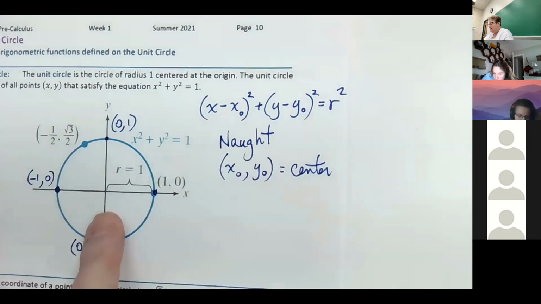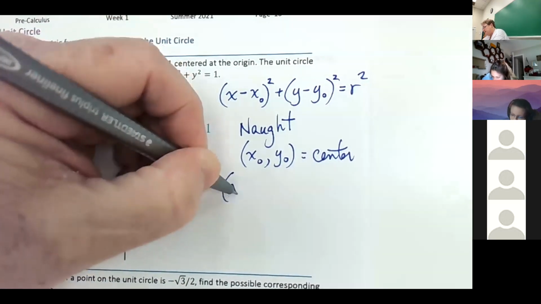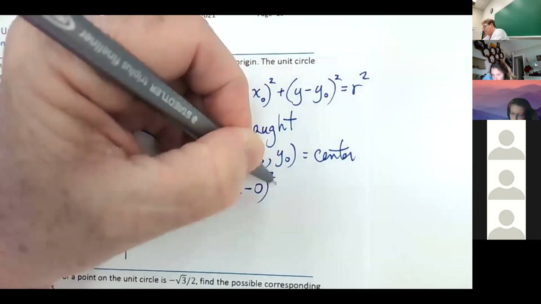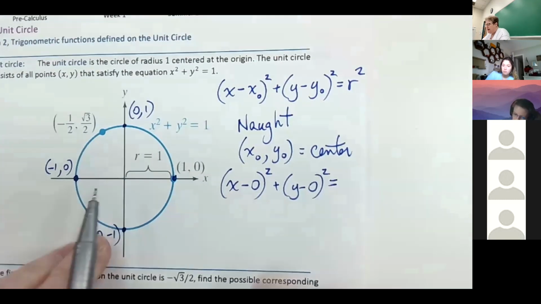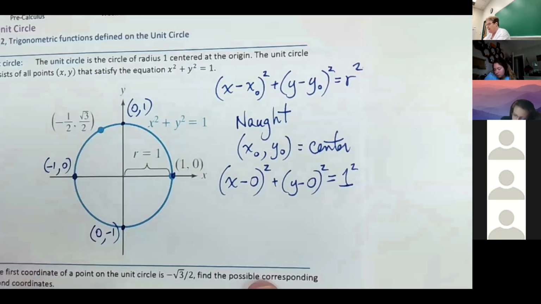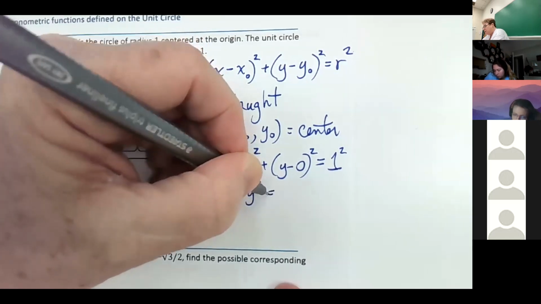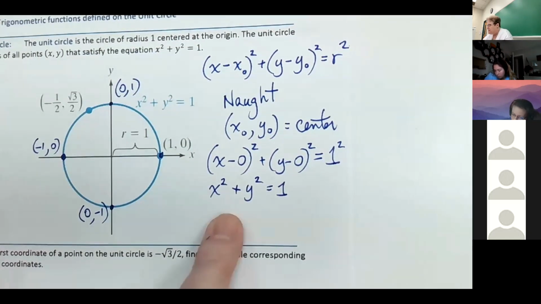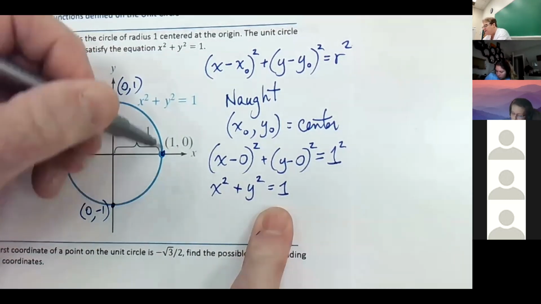For our case, 0, 0 is the center. So we have x minus 0 squared plus y minus 0 squared, and our radius is 1. So 1 squared, and we can simplify it. X squared plus y squared is 1. So this is the formula for every single point on this circle.